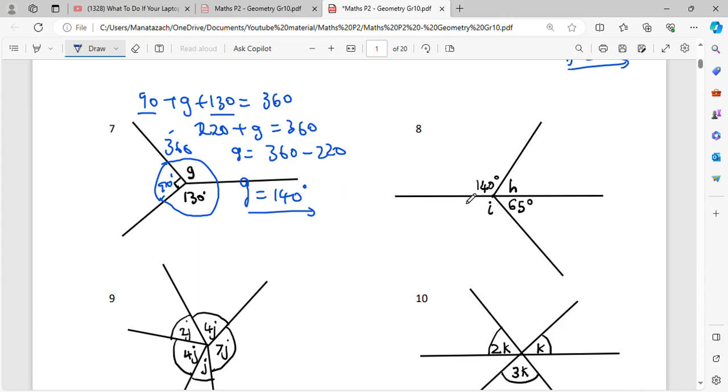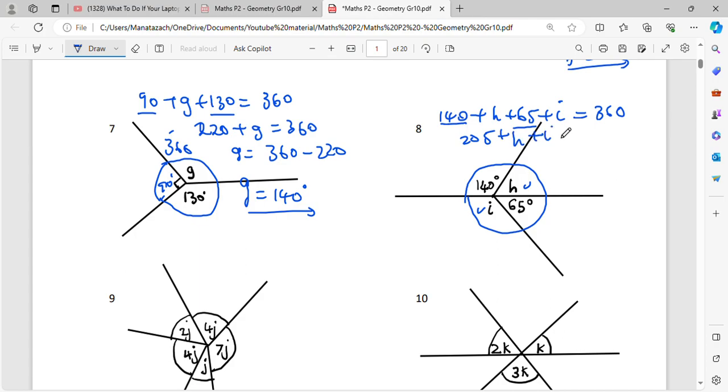Also for question 8, we have a full revolution situation. So we'll say solving for H and I, which are the two unknowns. We'd say 140 plus H plus 65 plus I should give us 360. And 140 plus 65 will give us 205.